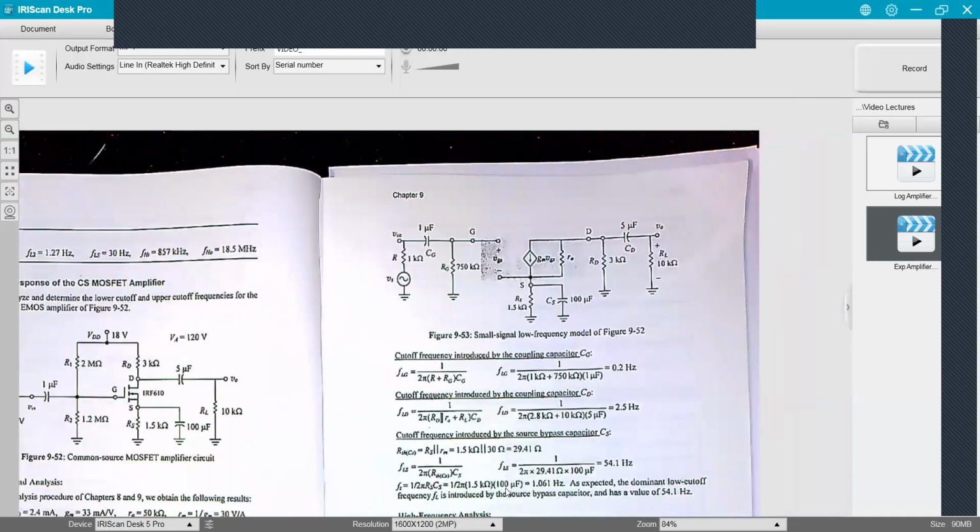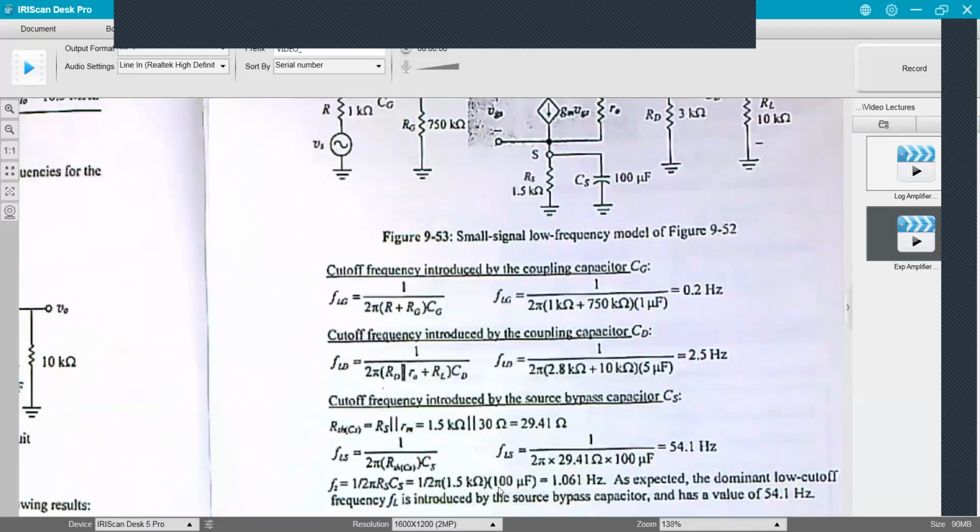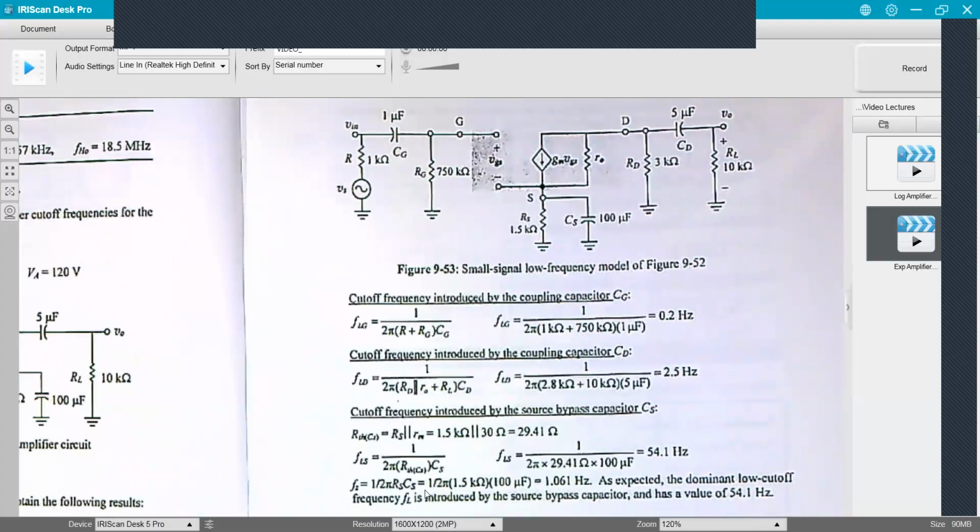And then we have this other one here, the cutoff frequency introduced by the source bypass capacitor C sub S. The Thevenin resistance seen by C sub S is going to be RS in parallel with Rm, which is 1 over gm. This is just like our little re from bipolar.